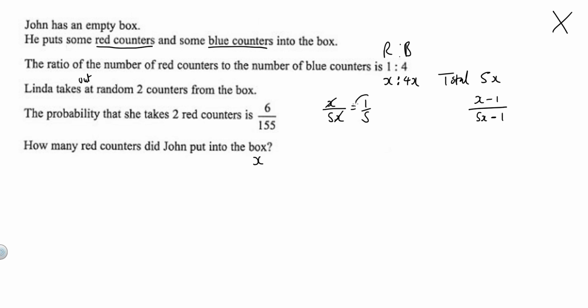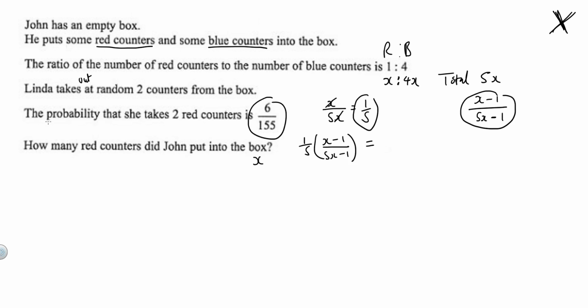Remember, we need to multiply these 2 together, just like we did before. So we'll just do it over here. That's going to be 1/5 multiplied by the second fraction. That's going to be equal to this thing over here, because it says the probability that she takes 2 red counters is this.